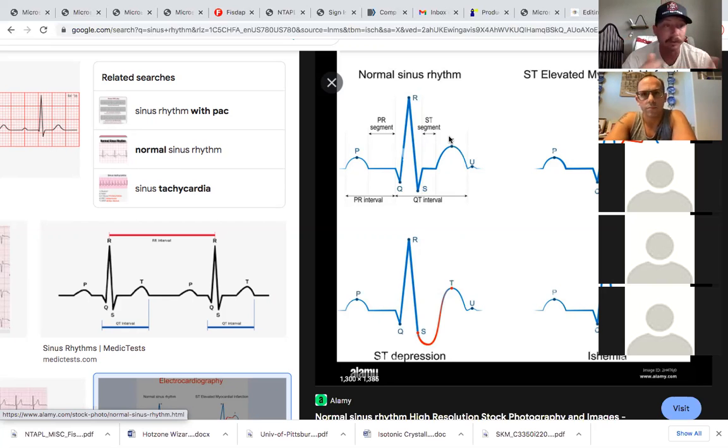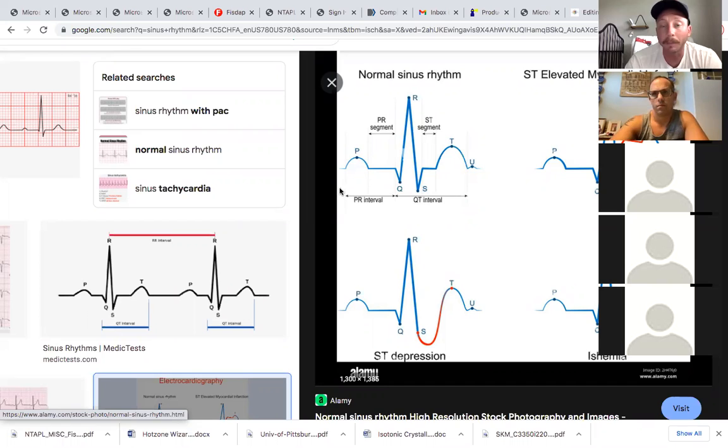If it's moving towards that positive lead, you're going to see a positive spike off of your isoelectric line. If it's moving away, you're going to see a negative deflection away from that isoelectric line. So your P wave is the representation of your atrium, your sinoatrial node, depolarizing, producing that atrial depolarization.